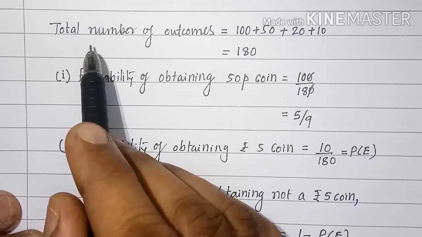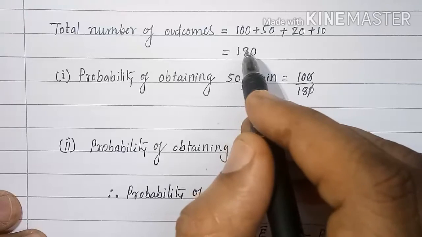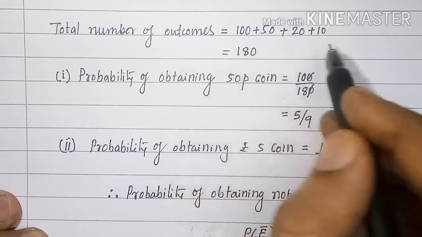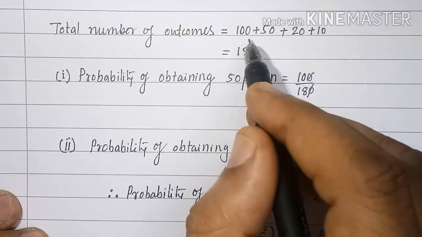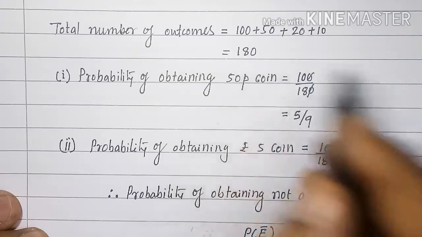Therefore, total number of outcomes is sum of number of different types of coins in piggy bank, that is 100 plus 50 plus 20 plus 10 equal to 180.